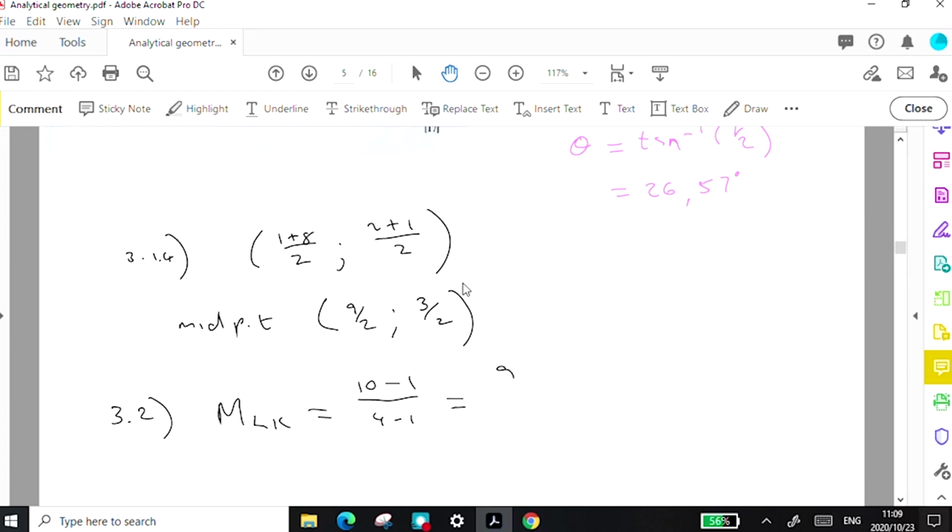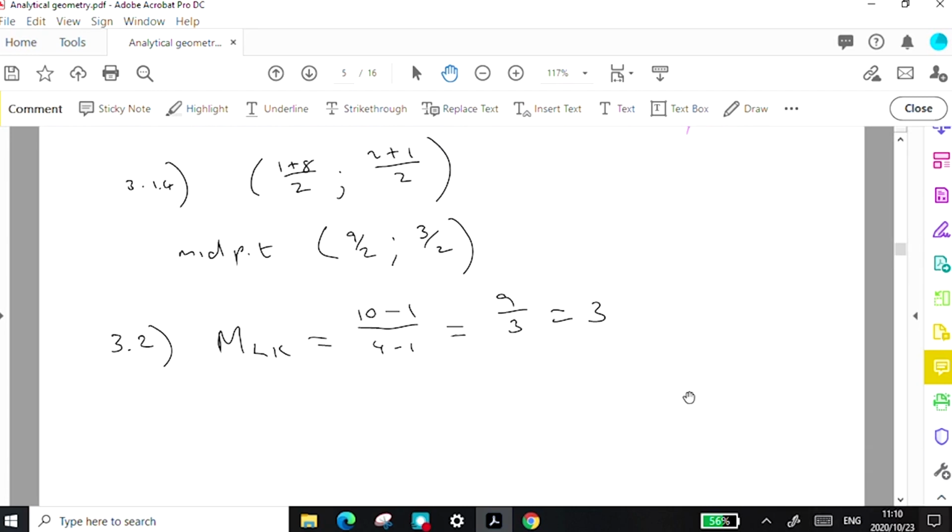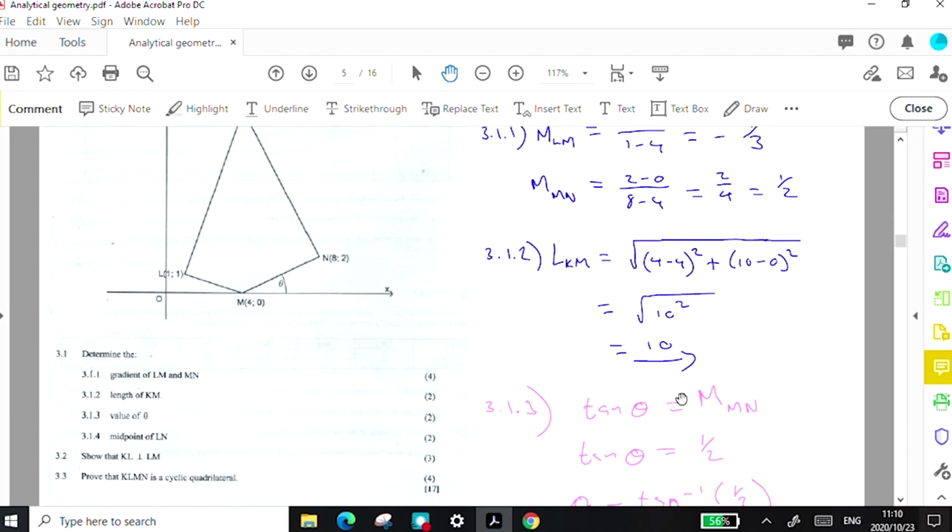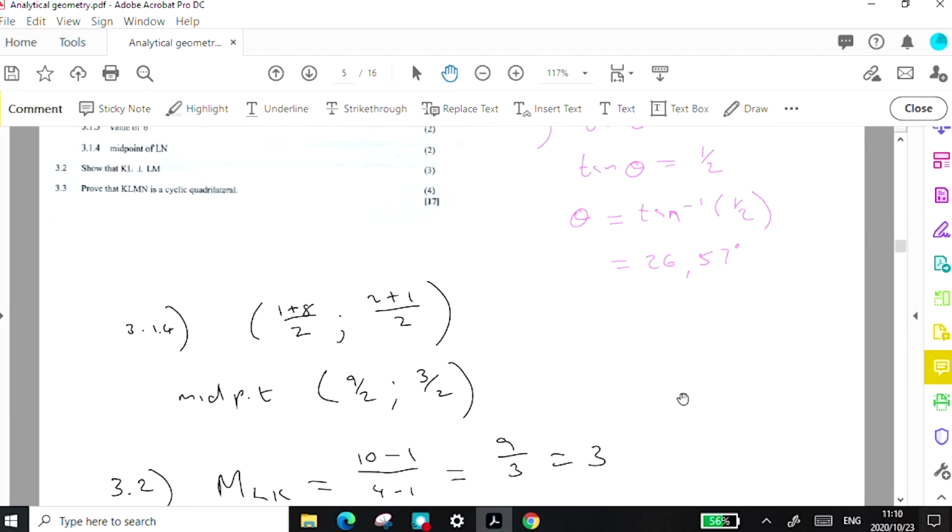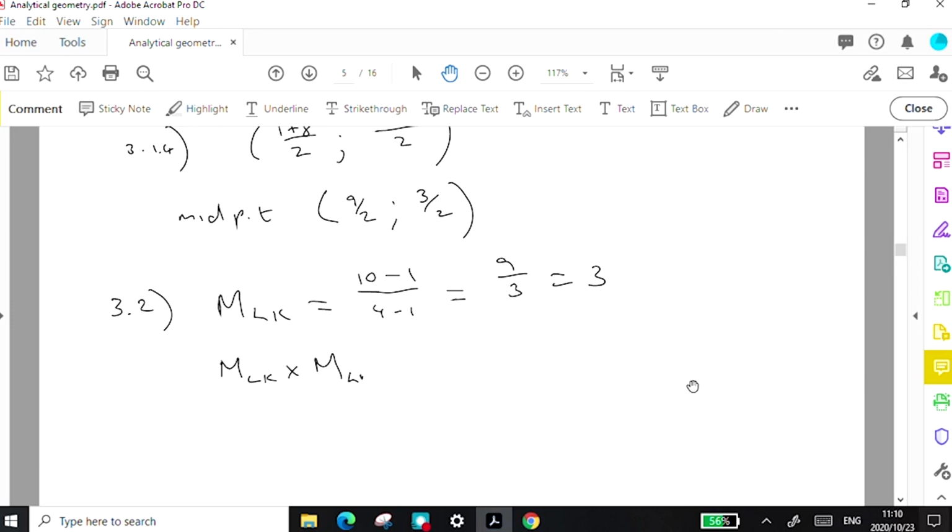And this is equal to 9 divided by 3, which is equal to 3 as expected. You can clearly see that the gradient of LK times the gradient of LM is equal to 3 times negative 1 over 3, which is equal to minus 1.